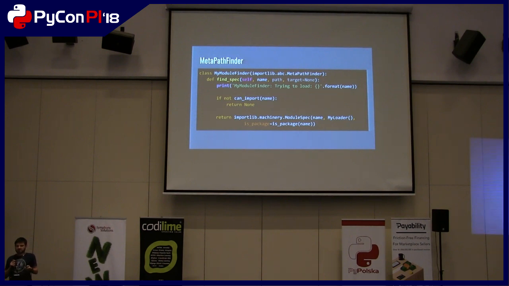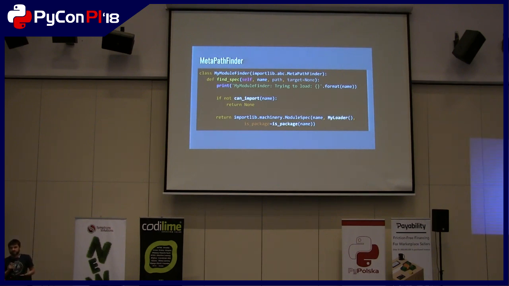This is how it looks. That's mostly boilerplate code. You create your class, you use the MetaPathFinder, and inside we will just write that we are trying to load something. We have to check if that finder can import the module or not, and it can just return the loader.